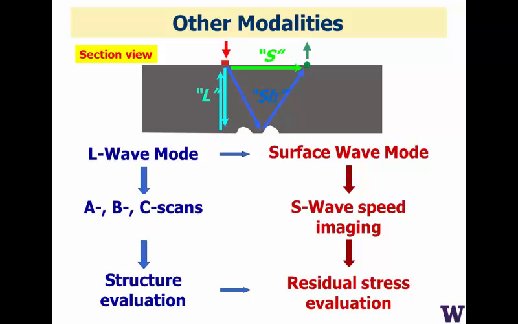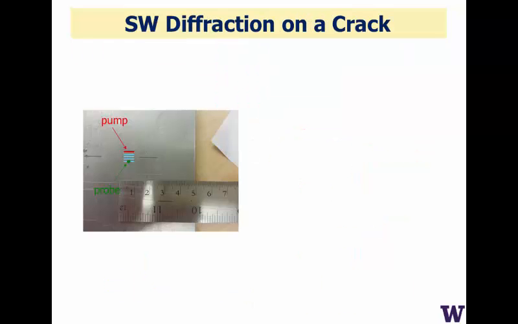And I'll show you an example of this in metals. So here's a simple case we've shown in metals. We can produce a source which is like a surface wave source, so it's a finger source, and then our detector is displaced about 5 or 6 millimeters away from that.